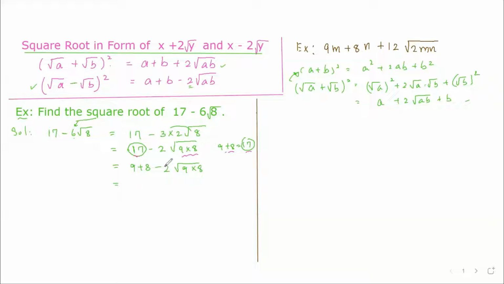From this, you see the formula here, because of the negative. So right now a is 9 and b is 8. Negative here the same, 2 here. a is 9, b is 8. See that? So now I can put this back, so this one is the same as this one.